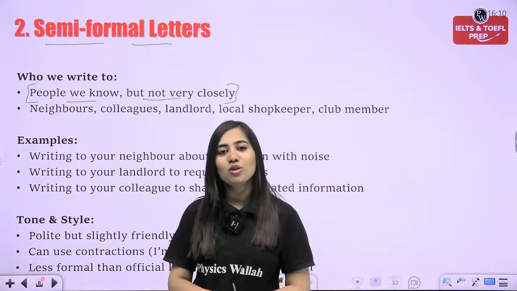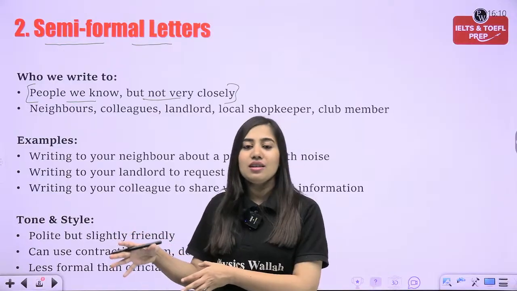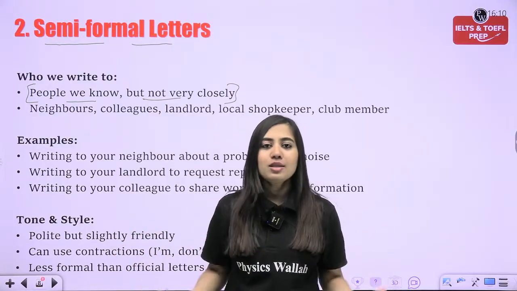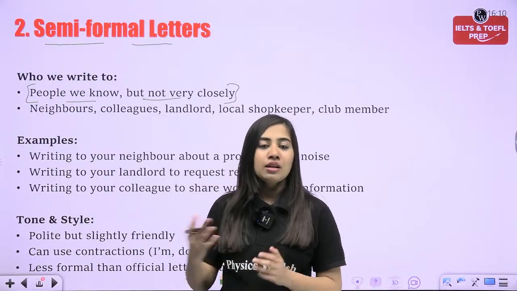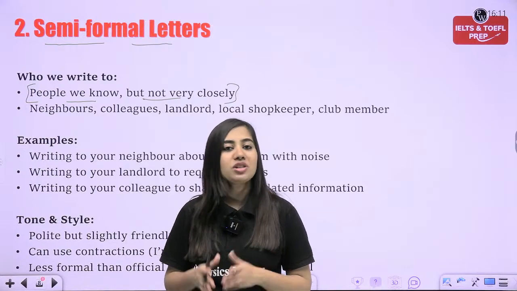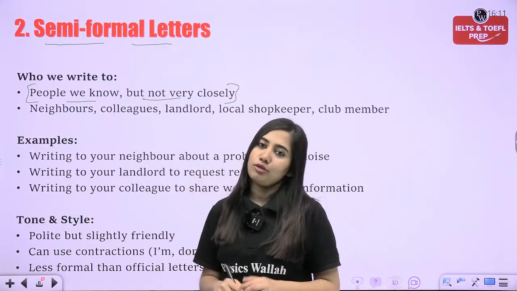Do you share a good bond with your landlord or maybe with your manager? In some specific cases, but we are not talking about that. In general, as a broader aspect, do we have a good bond with our managers or the landlord? When I say good bond, I mean a close relationship. So we generally don't. That's how they all come under semi-formal type of letter.